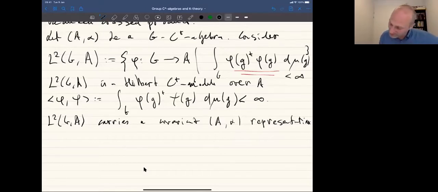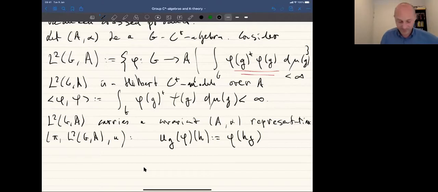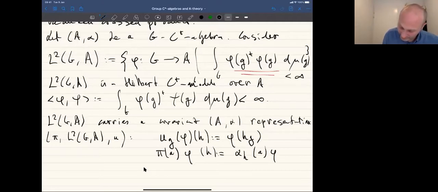Now the covariant representation is given by pi, L2(G,A), A, U, and U_g phi of h is defined to be phi(h g), and pi of a phi evaluated in h is alpha_h of a, phi of h.